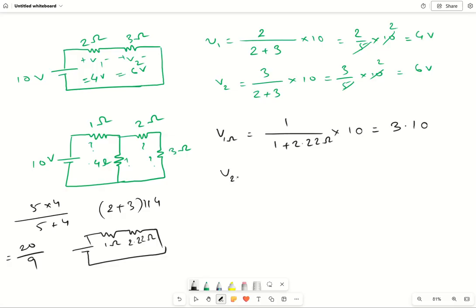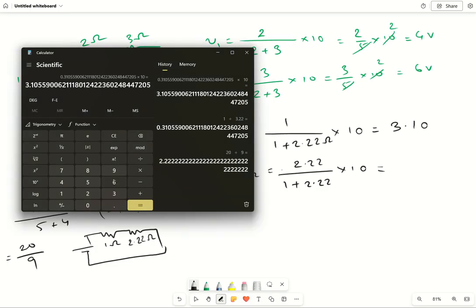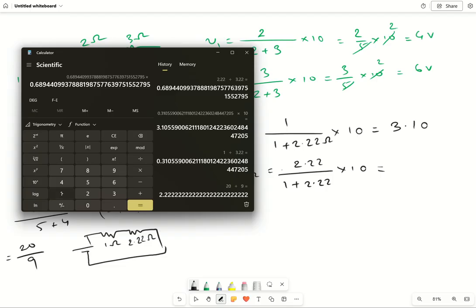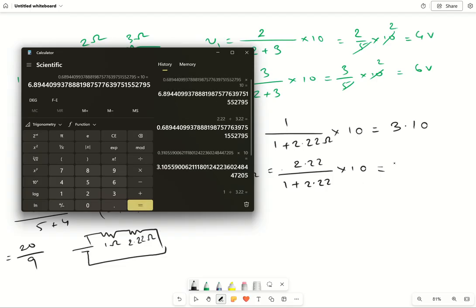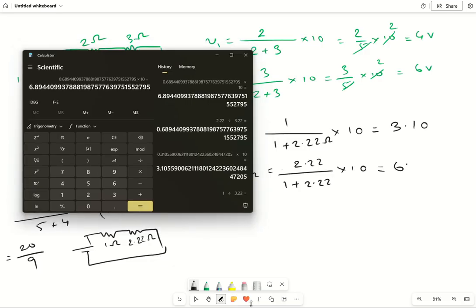The remaining 2.22 ohm: the voltage drop across this will be 2.22 divided by 1 plus 2.22, into 10, which is 2.22 divided by 3.22 multiplied by 10, equals 6.89, right?